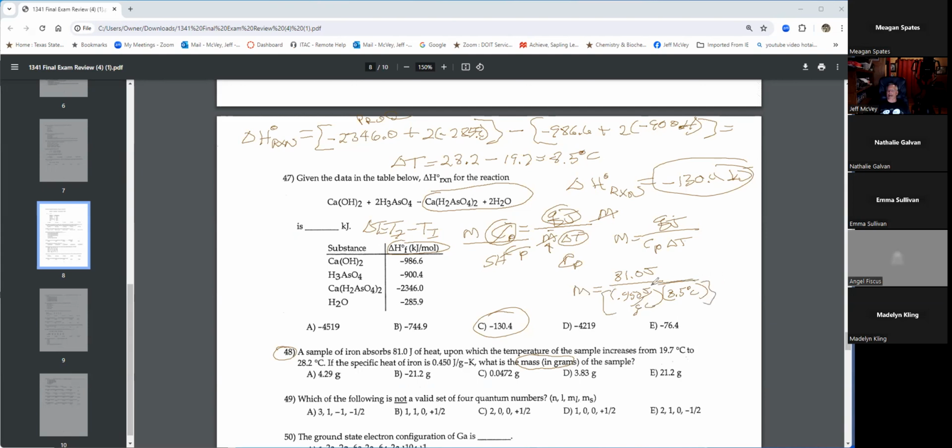If you're going to plug this in your calculator, guys, and you're going to do this denominator here, you need parentheses around the denominator. So that's going to be 81 divided by, I'm going to set up a set of parentheses, 0.45 times 8.5. I'm going to close my parentheses. That's going to give me 21.2. My mass should be 21.2 grams.